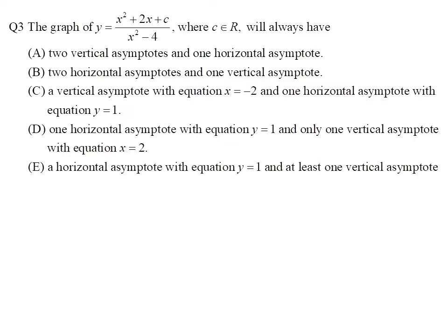In question 3, the rule of the function is y equals x squared plus 2x plus c, over the result of x squared minus 4, where c is a real number. The question here is to find the statement which best describes the function graph.